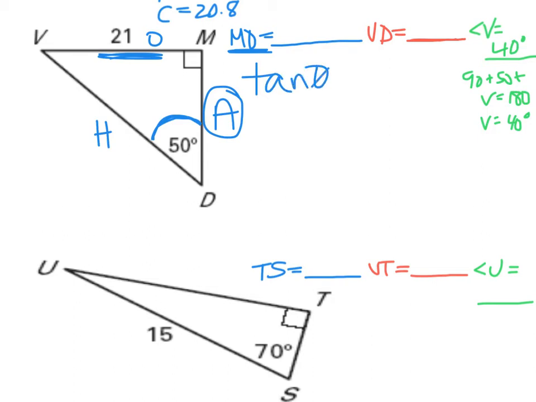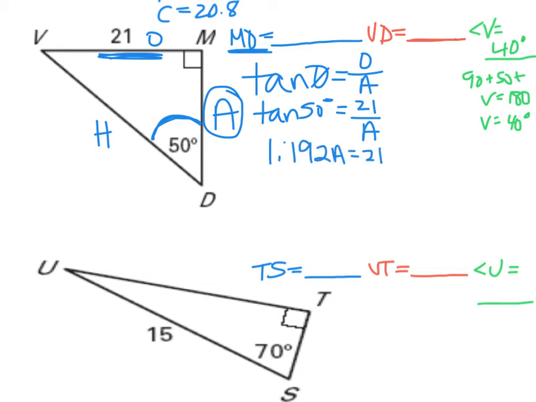So tangent theta equals O over A. Tangent of 50 degrees equals 21 over A. So then I'm going to find tangent of 50 on my calculator. 1.192A equals 21, and divide by 1.192 on both sides. So my adjacent side will be 17.6.